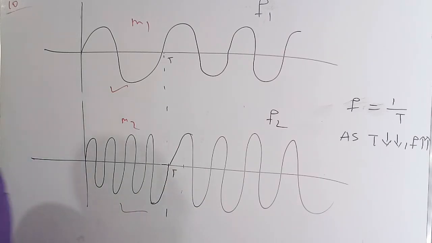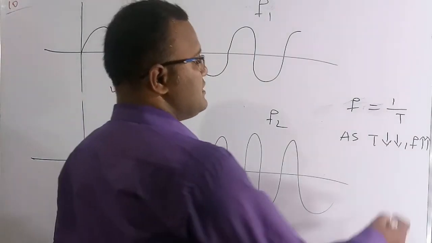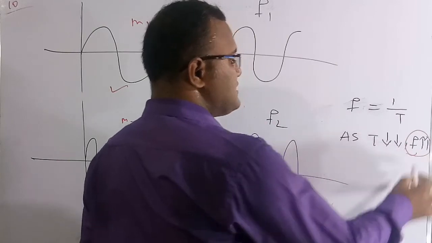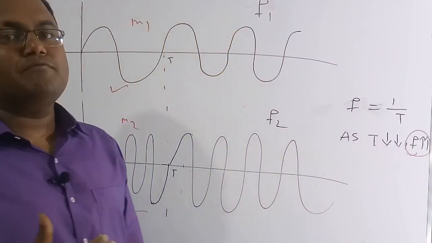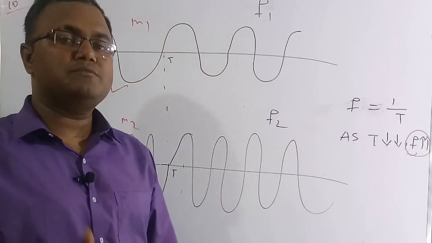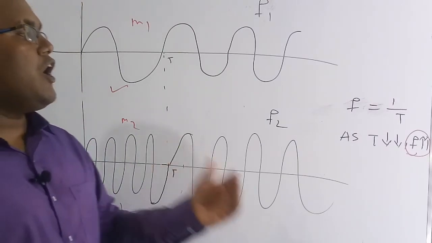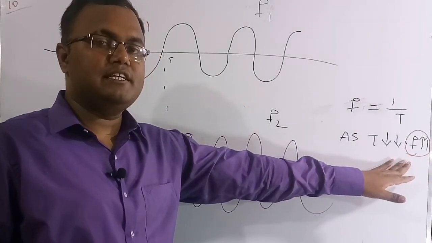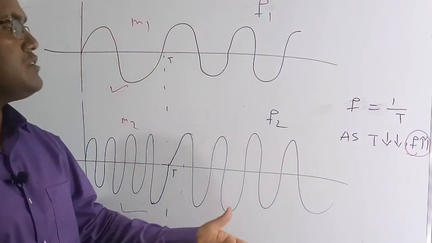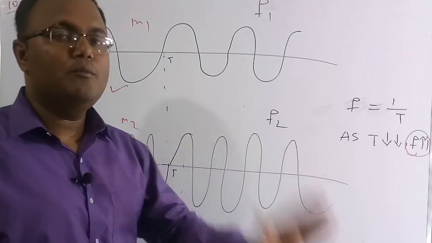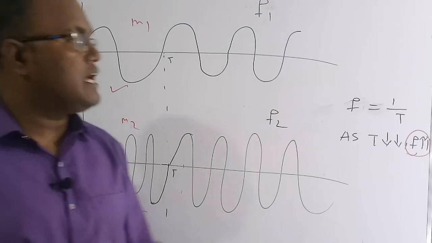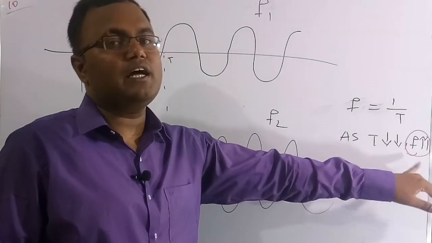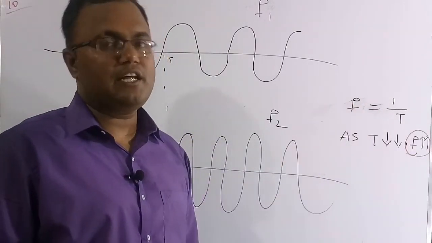Whenever the frequency is high, the amount of information or message transmitted is also high. That is the reason we always use high frequency signals for transferring a large amount of information.